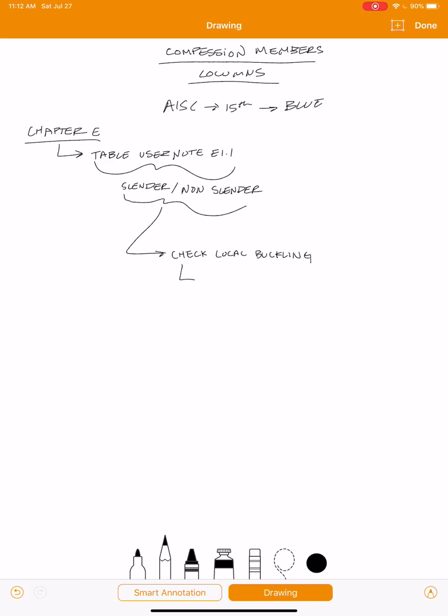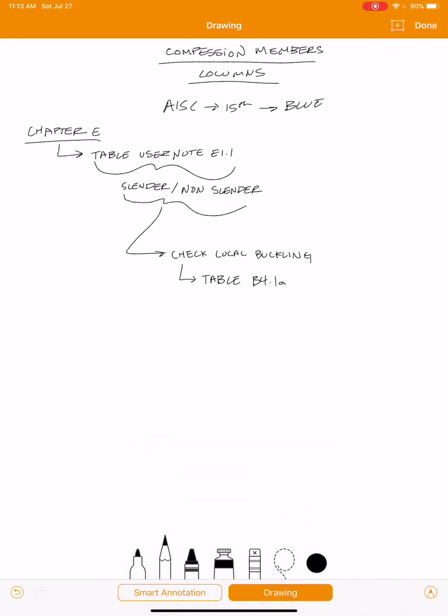Now to do that, you're going to go to table B4.1a. And again, remember when we were looking at flexural members, we went to B4.1b, but just because we're looking just at axial compression, we're going to use B4.1a.